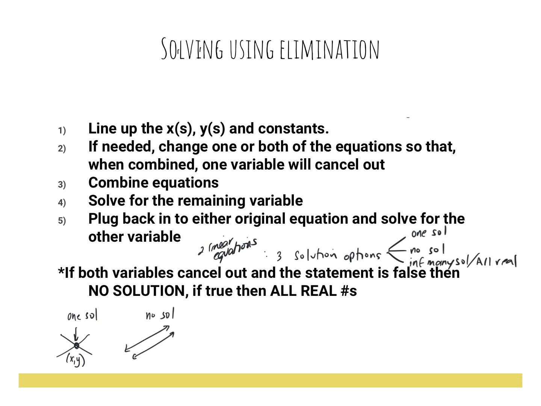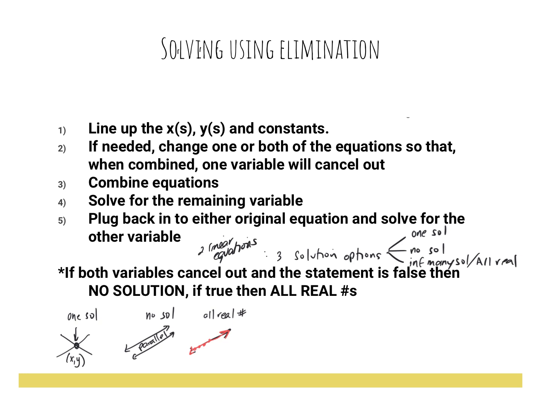And since they don't intersect, they're going to have no solution point. And all real numbers or infinitely many is going to be when you have one line and then a second line goes right on top of that line, and then every point is a solution, okay?